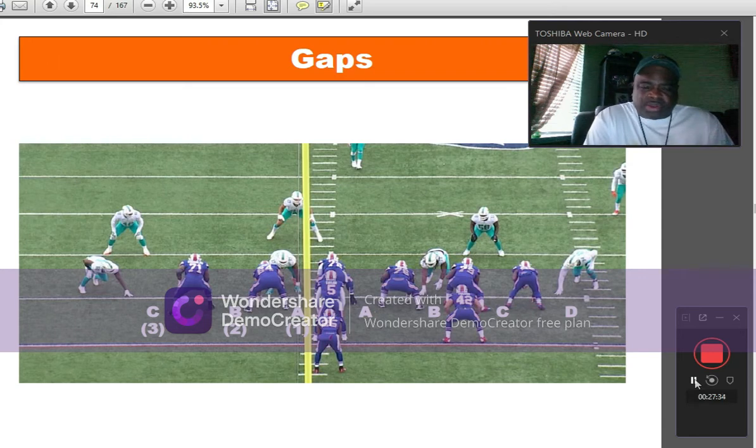When I was coming up, it was 2 hole, 3 hole, 4 hole, now they want to call it gaps. Whatever they want to call it, the offense wants to move you out of that gap, that hole, so they can get through it and make yardage on you. So you have to teach your players, you're not playing a man. You're playing to protect that gap.